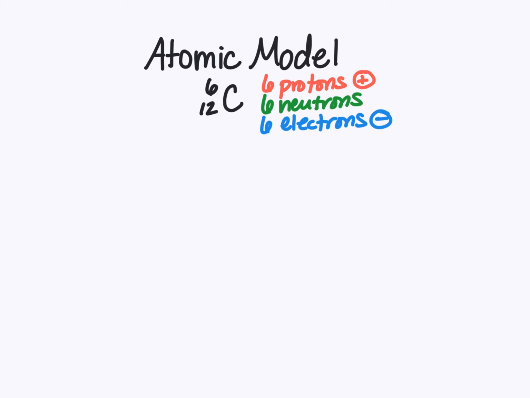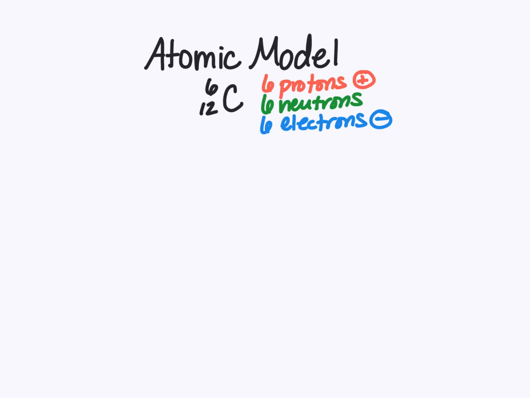And these models have been developed based on the way that atoms act. And honestly, someone smarter than me that knew physics and chemistry better than me came up with these models. But here's how we would draw kind of a sample model. And being able to draw these models is going to help us figure out how atoms form bonds with other atoms in order to form molecules.